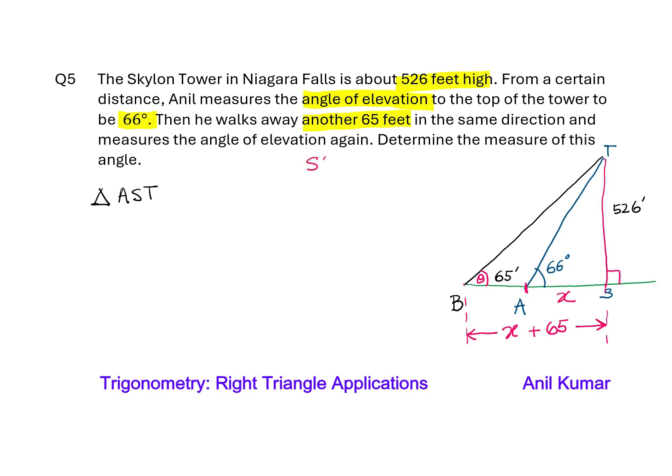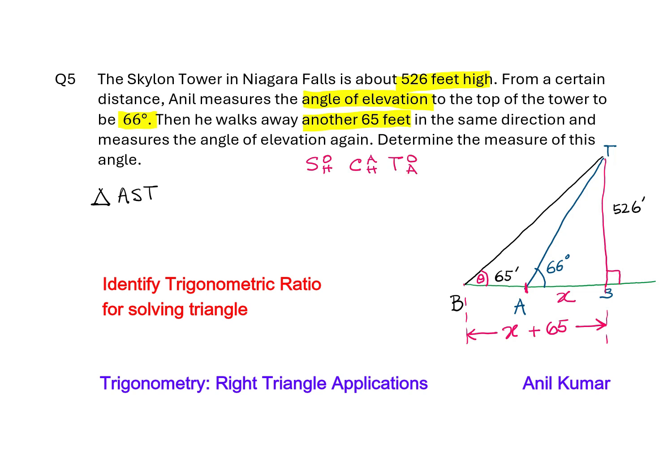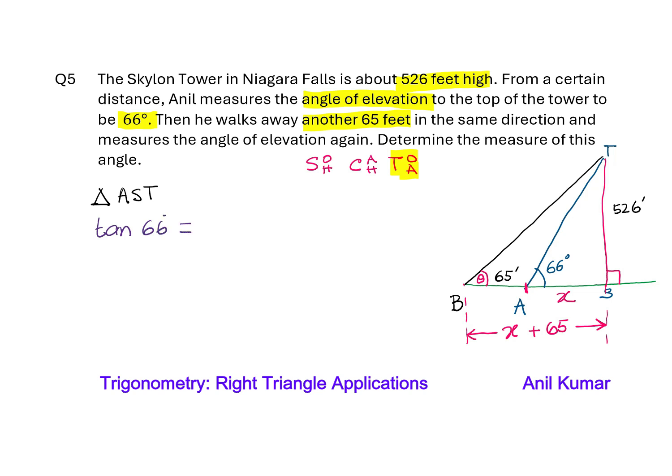Sine is opposite over hypotenuse, cos is adjacent over hypotenuse, tan is opposite over adjacent. Now in this case, we are working with the opposite and adjacent sides, so we are going to use the tan ratio.